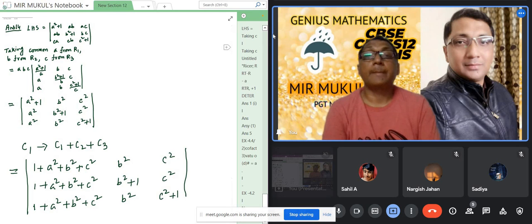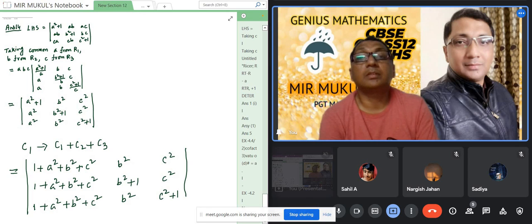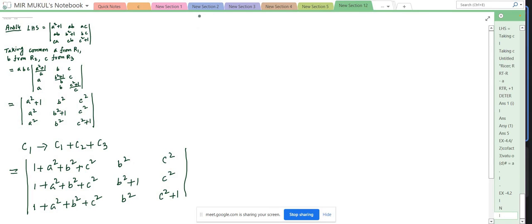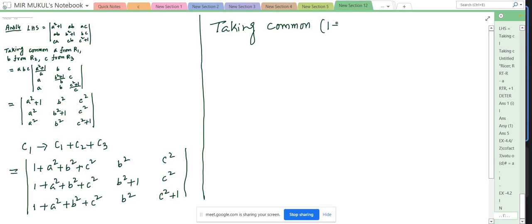After that, now take common. Taking common 1 plus a square plus b square plus c square from C1.